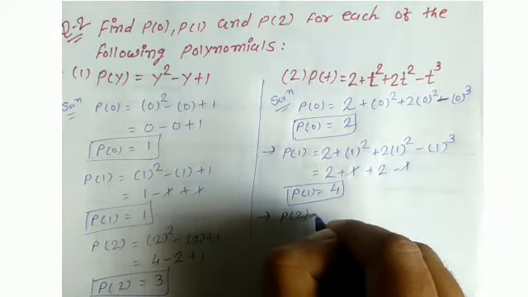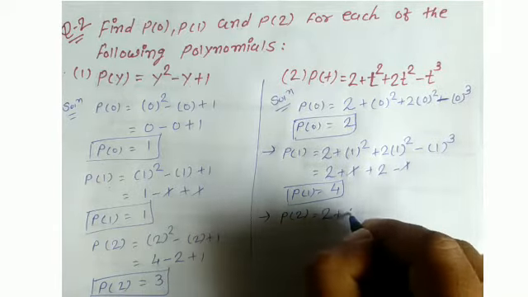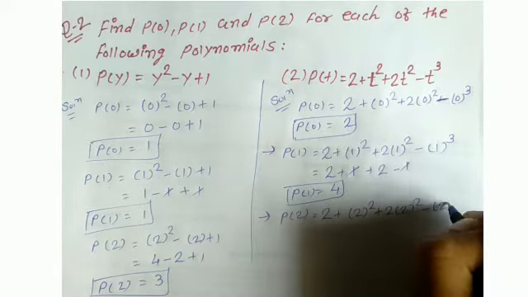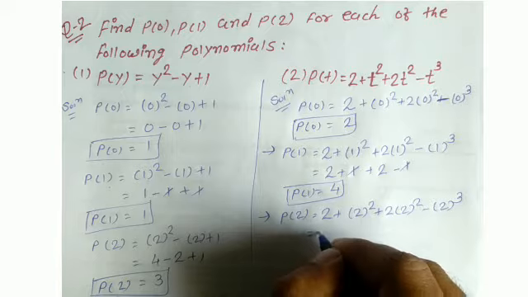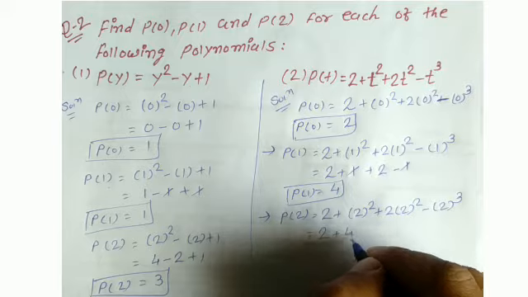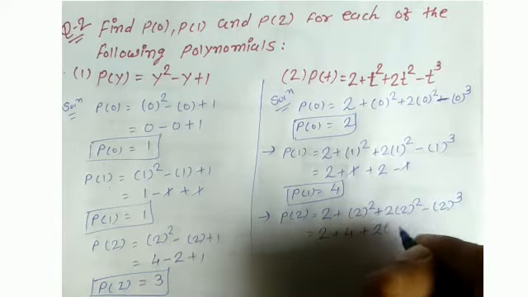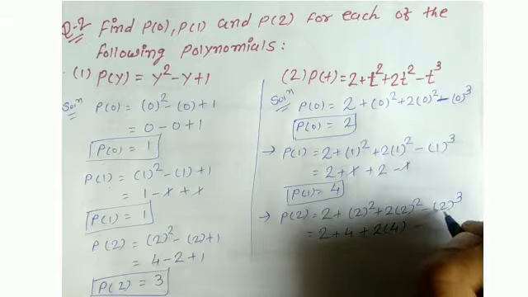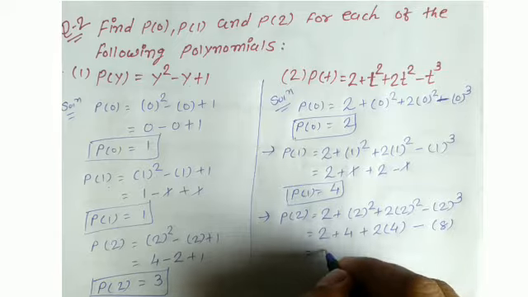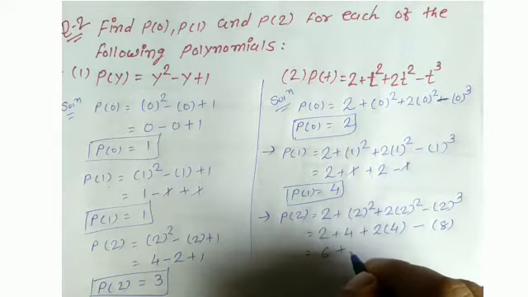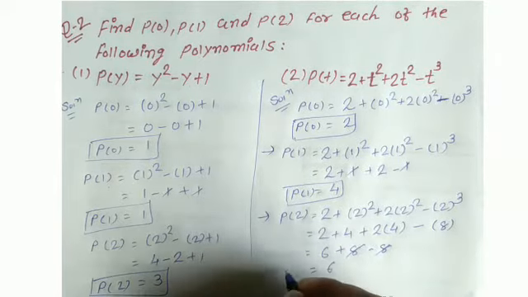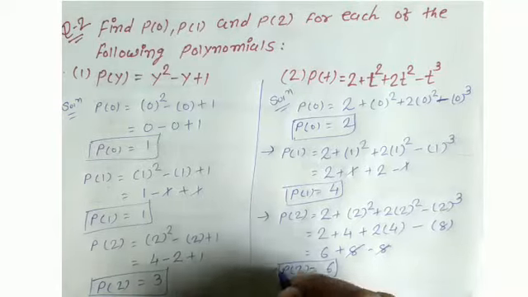Now p of 2 is equal to 2 plus 2 square plus 2 into 2 square minus 2 cube. So 2 plus 4 plus 2 into 4 minus 8, that is 2 plus 4 is 6, plus 8 minus 8. So 8 cancels out and p of 2 is equal to 6.